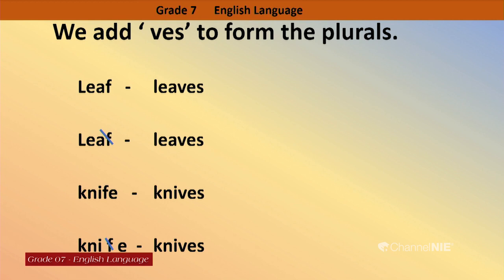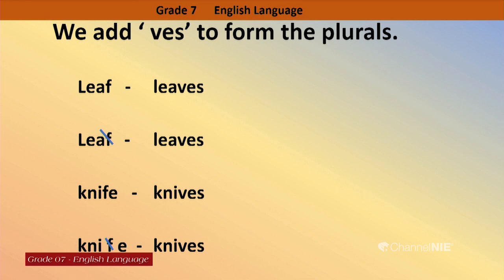Now look at the second example. There, the word is knife, which you use to cut bread and all. Knife becomes knives. This is a place where you make the mistake. Now look at what I have written for you.